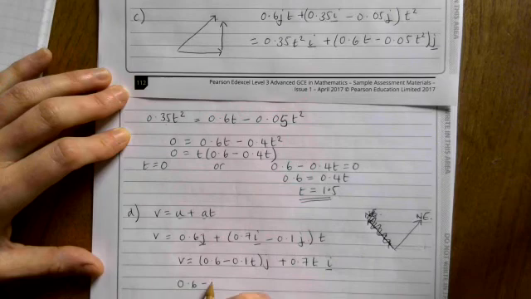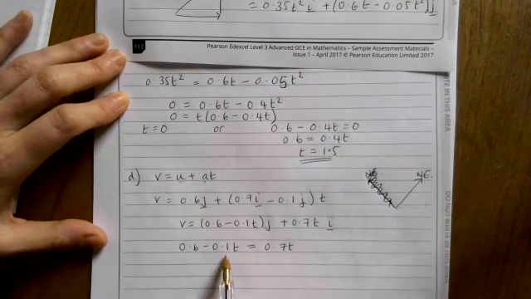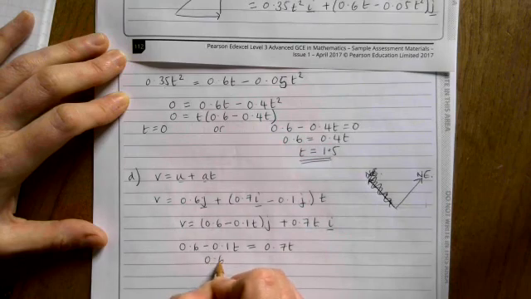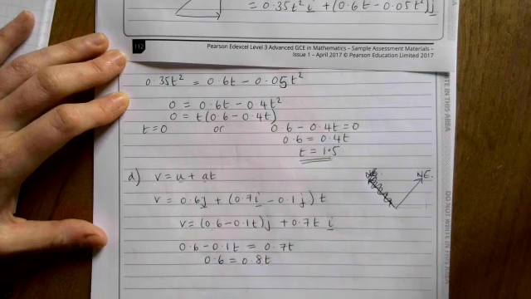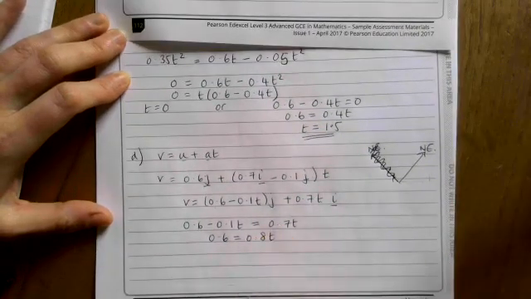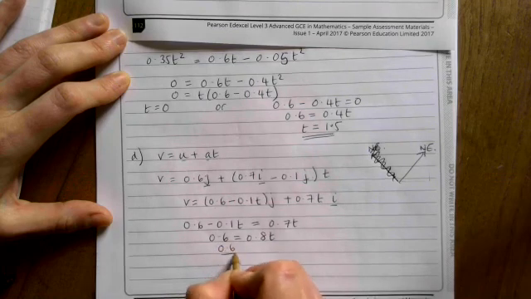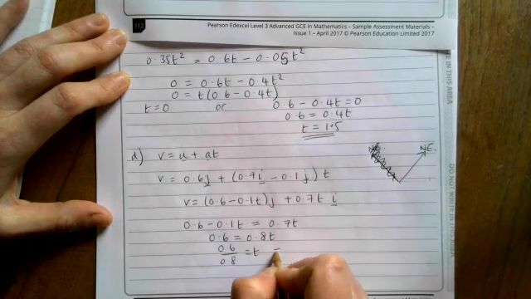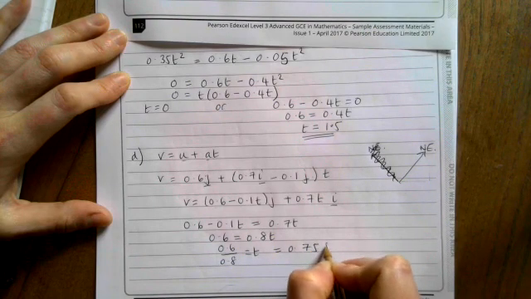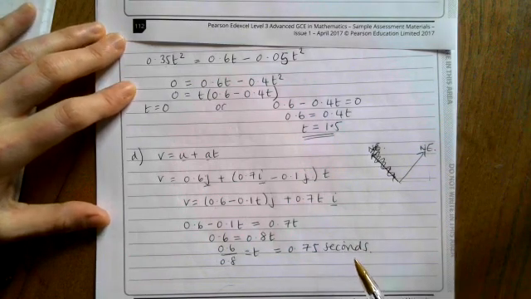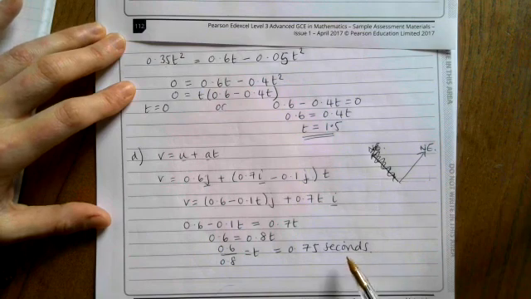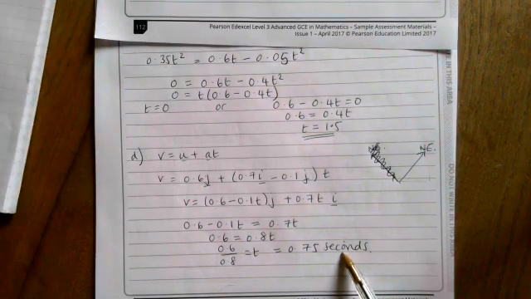So 0.6 take away 0.1t is equal to 0.7t. So let's add 0.1t onto both sides. So 0.6 equals 0.8t, and then divide by 0.8, gives us 0.75 seconds. So the value of t when the boat is moving in a northeasterly direction is 0.75 seconds.